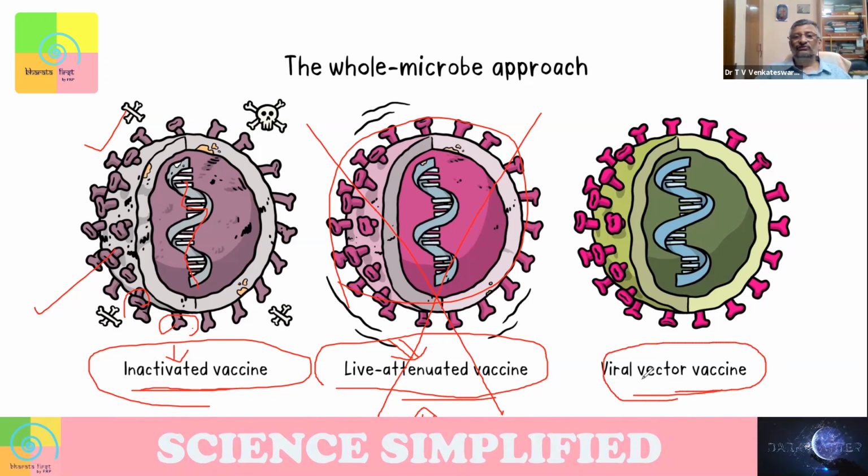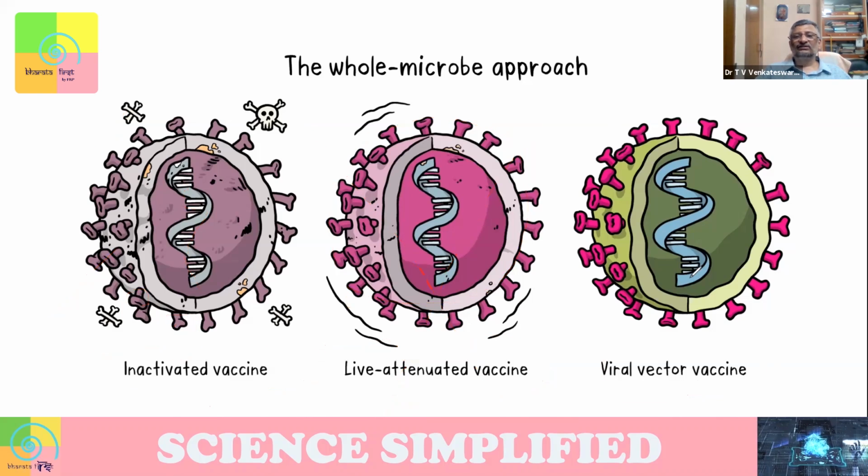Then what we call viral vector vaccines. In a viral vector vaccine, I take a simple virus which will not cause disease, maybe a minor irritant, like for example a throat infection or just a sneeze. An ordinary simple kind of virus, or a virus which affects, let's say, chimpanzees. That virus will not affect us.